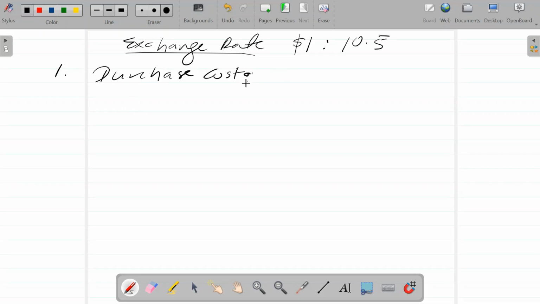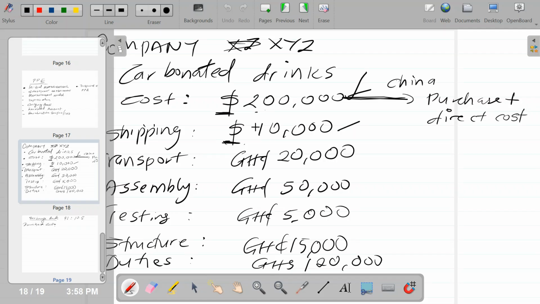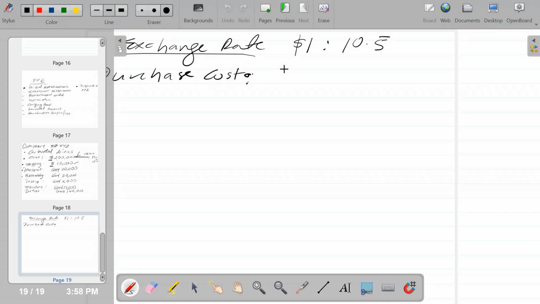So to get the cost, we get our purchase price, which is $200,000. We multiply it by our exchange rate, 10.5. Okay, we'll put our figure here: 2.1 million.